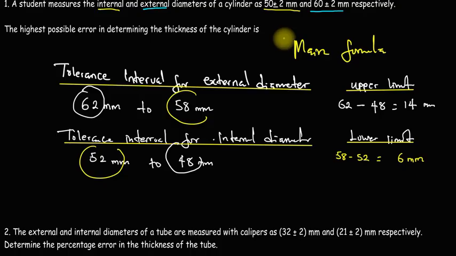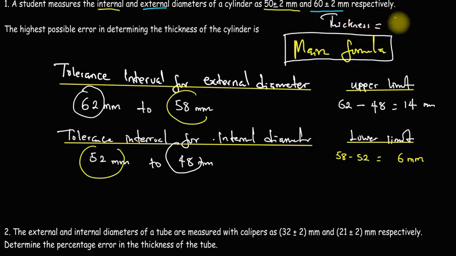It is because of the main formula. Let us remember that thickness of a tube or a pipe is equal to the external minus the internal diameters. And that's exactly what we're doing, subtracting the internal from the external diameter to get the upper limit and the lower limit respectively.